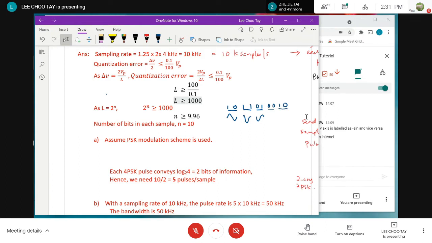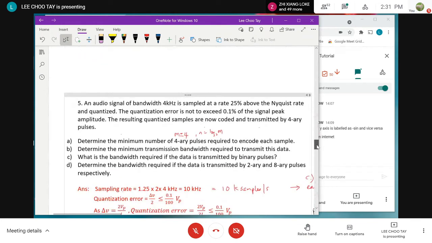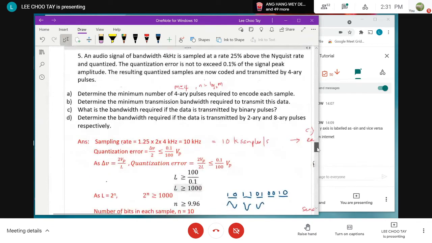Okay, so that is for A and B. And C, what is the bandwidth required if the data is transmitted by binary pulses? Okay, binary pulses.